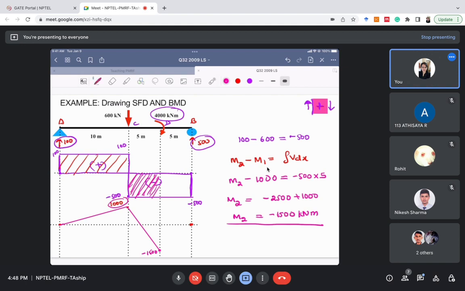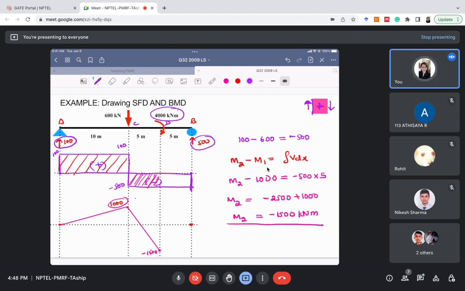Then I'll remove this thing to make it a little shorter. That is 500, right? Now we will move towards section DB. For section DB, let us calculate the value of bending moment at section D. But before that, at section D, we have a couple which has a value of 4000 kilonewton meter, and the direction of this couple is clockwise.